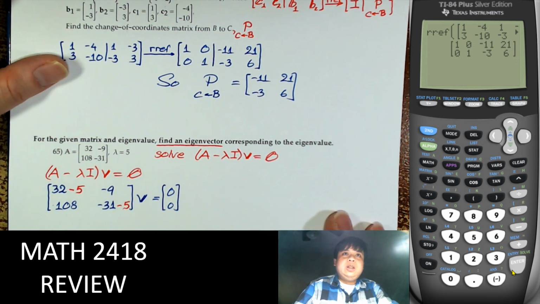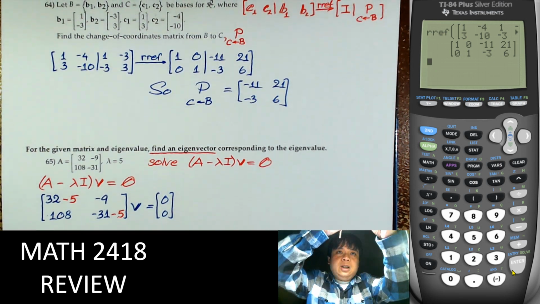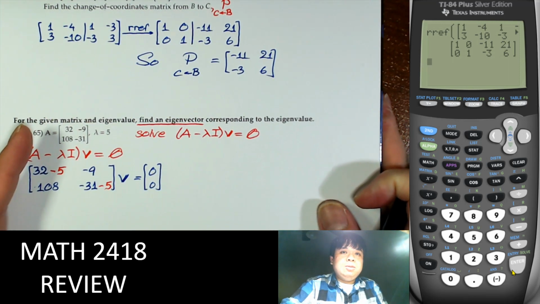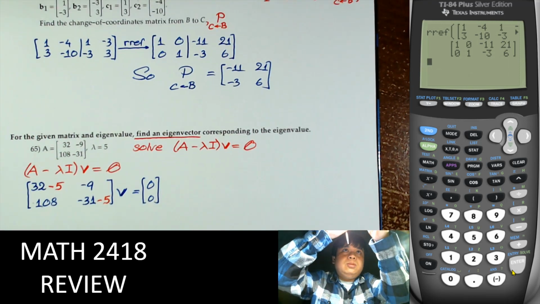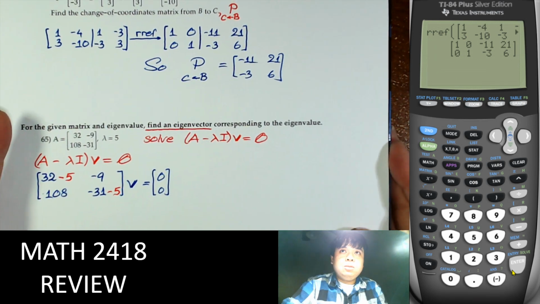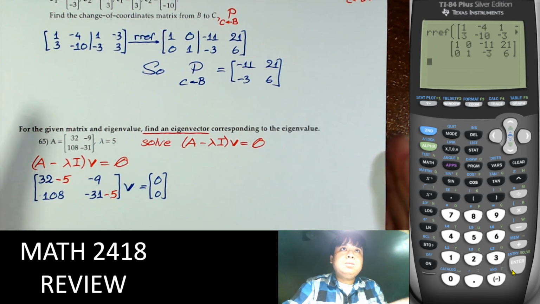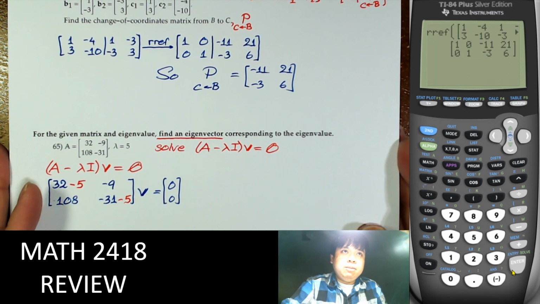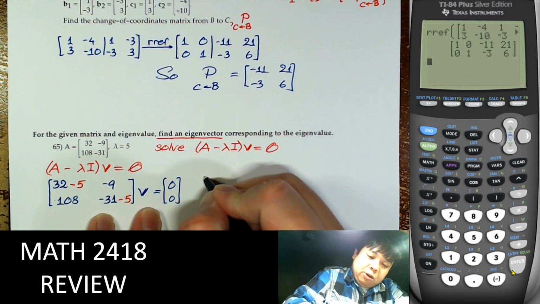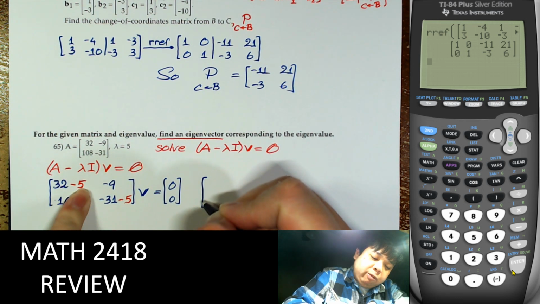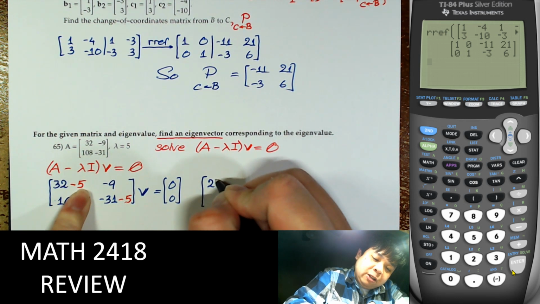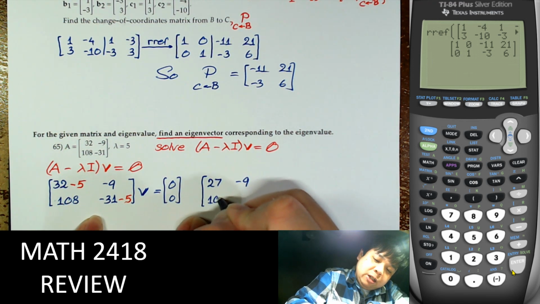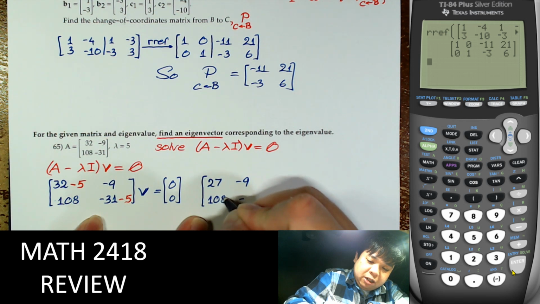Right, so just write like that. Let's fix this real quick. That better. Right, so that gives us 32 minus 5, that's 27, minus 9, 108, minus 36.